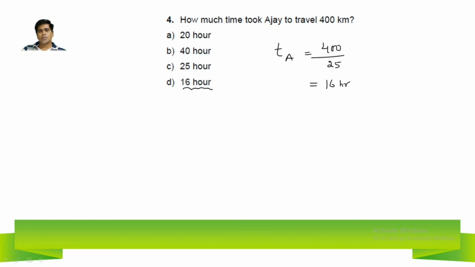So your option is D here. So time taken to travel 400 kilometers is nothing but total distance by speed. If you divide these two, clearly it is 16 hours he has taken. So what about Raj? How much has Raj taken? So simple, plus 4, total 20 hours.